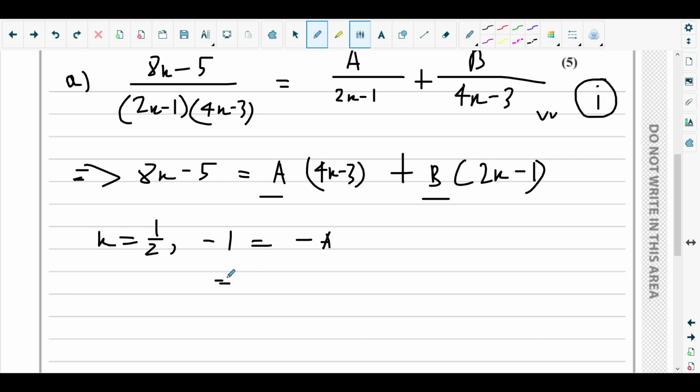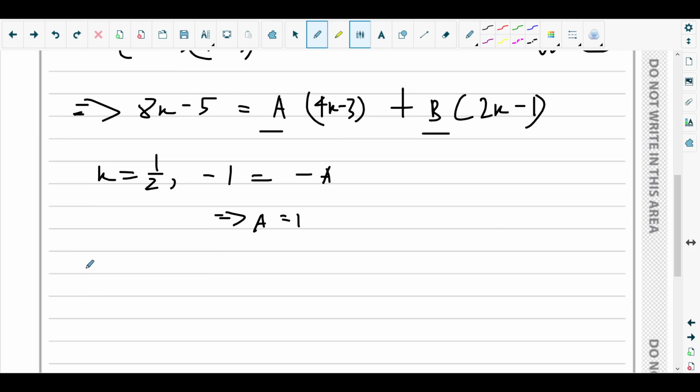So we got the value for a, that is 1. Done. Now we need to put x equals to 3 over 4, so that a gets cancelled. So 3 over 4 times 2, that is 3 over 2 minus 1, that is half of b. Half of b equals to 3 over 4 times 8, that is 2 times 3, that is 6, 6 minus 5, that is 1.